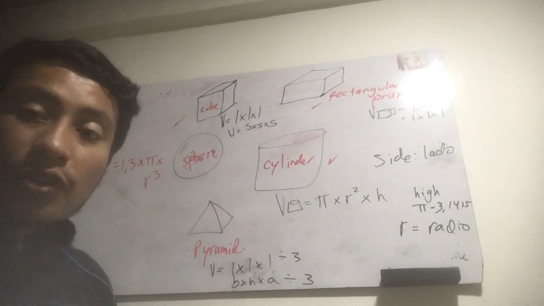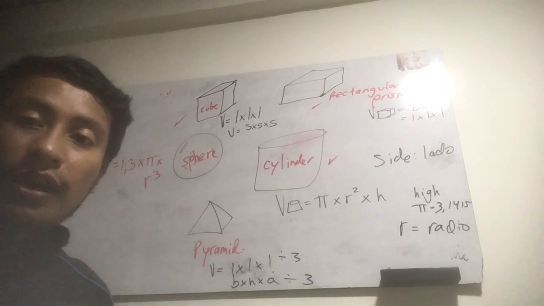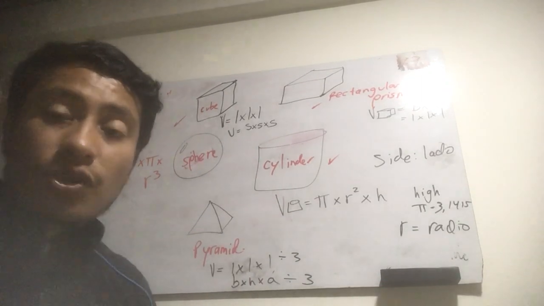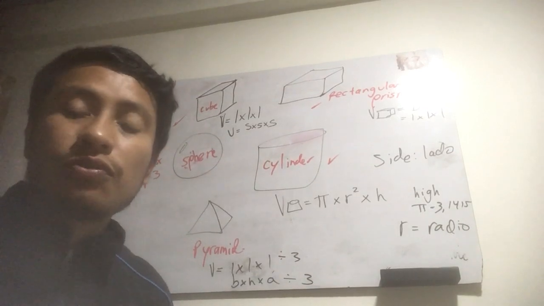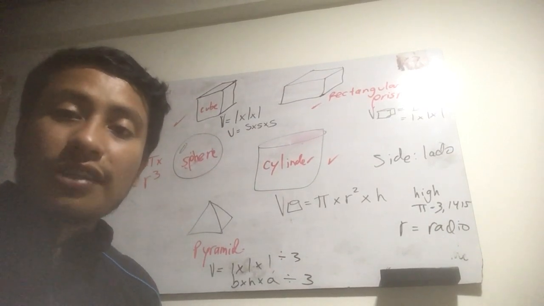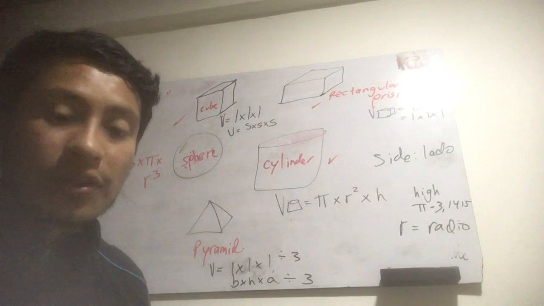So basically, these are the equations that show me how I'm going to calculate the volume in regular shapes. So I'm going to show you one example, making some different ideas about common situations that show the geometrical figures.